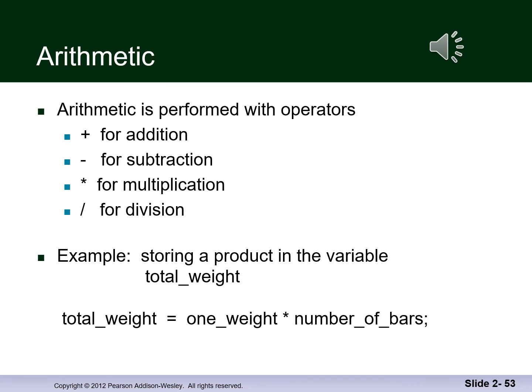So an example of storing a product in the variable total weight using an arithmetic expression: total weight equals 1 weight times the number of bars. The weight of 1 bar would be stored in the variable 1 weight, and number of bars would be an integer. So total weight most likely is a double or a float, because 1 weight is probably not a whole number.